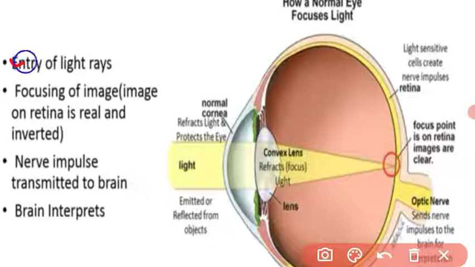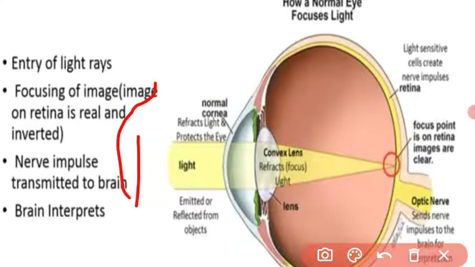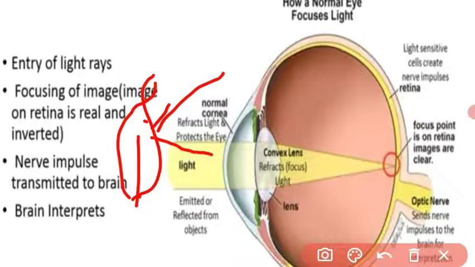First is the entering of light. See student, as you know, light rays are reflected from the body and enter your eyes. When light falls on the object and is reflected, this reflection enters your eyes through the cornea, aqueous chamber, pupil, lens and vitreous chamber, and these light rays converge and form the image on the yellow spot.